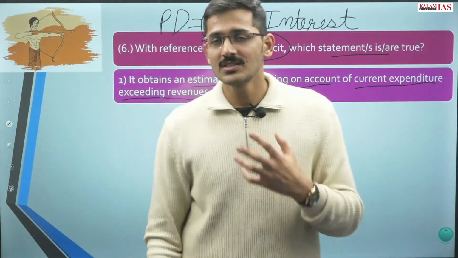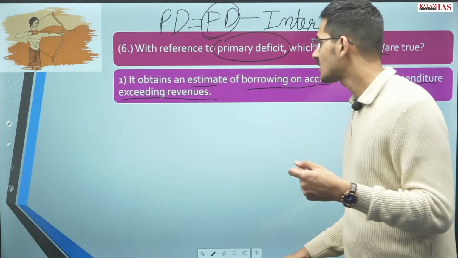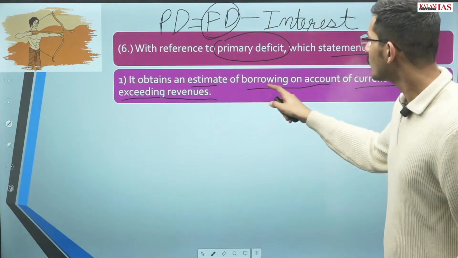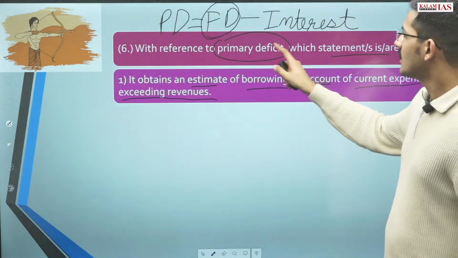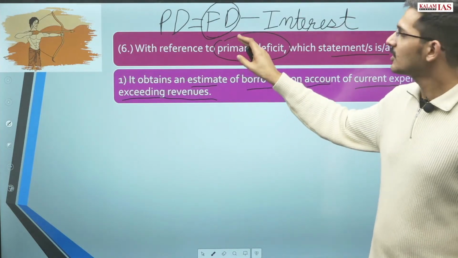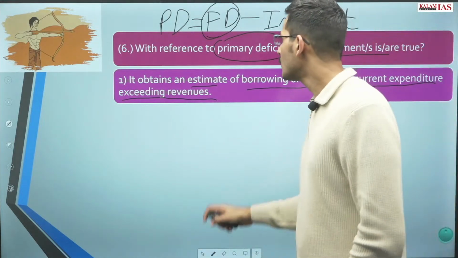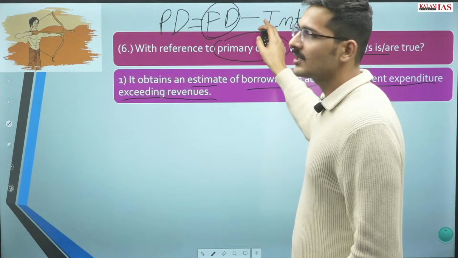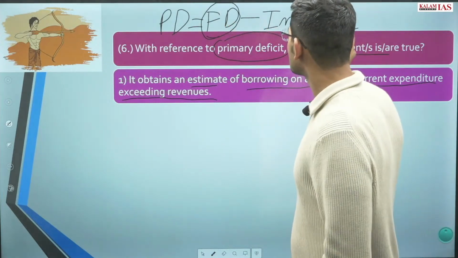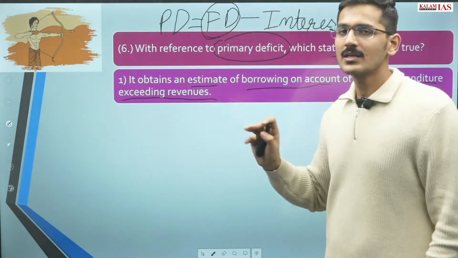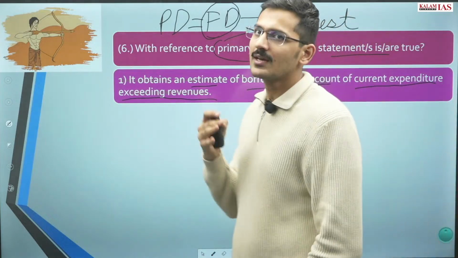So what do you make of this statement? It is an estimate of borrowing on account of current expenditure exceeding revenues. Out of all the expenditures of the government of India, if we remove interest, all the other expenditures are current in nature.